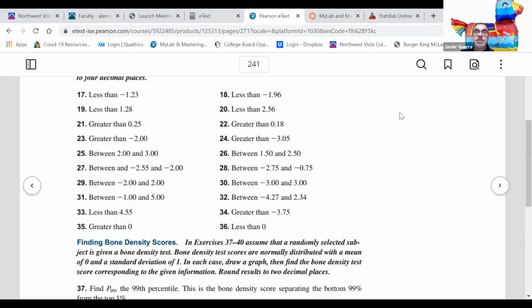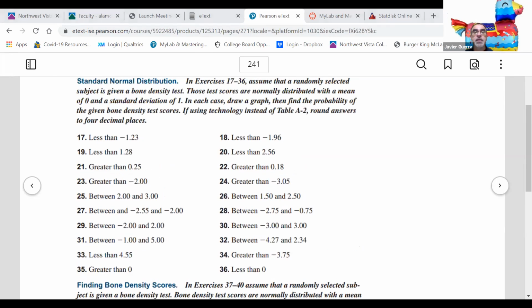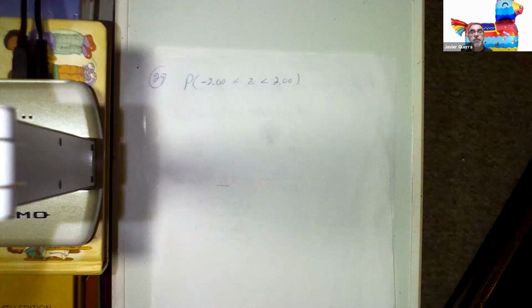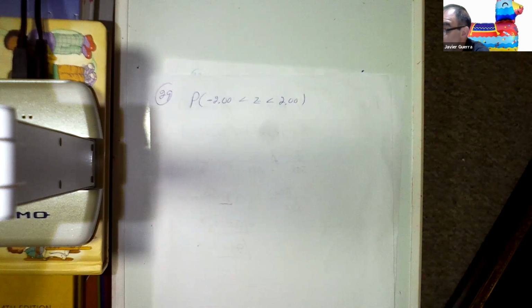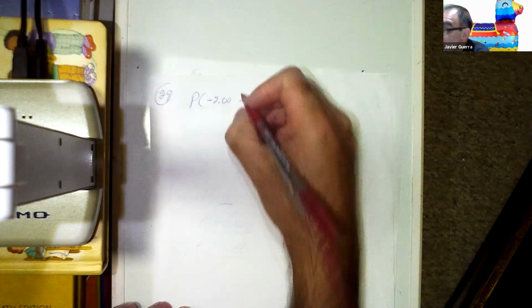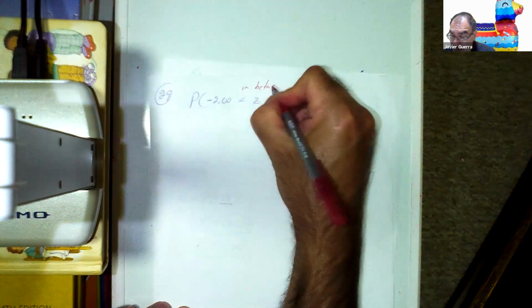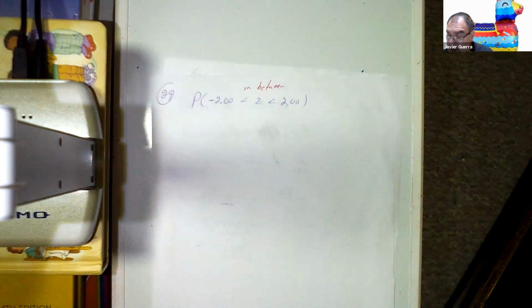All right, so this is how I wrote it in probability format. That one is an in between. Again, we're going to do the Z's to the left.